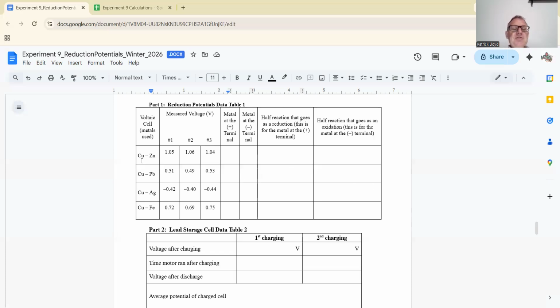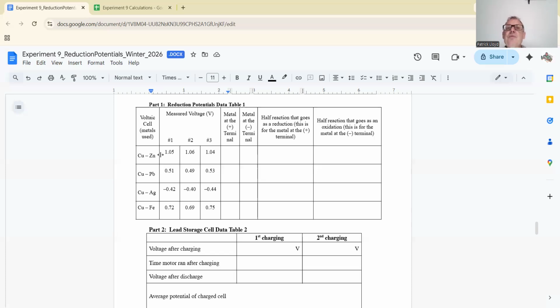Okay. So let's take a look at the first one, copper and zinc. When we made these measurements, we put the red lead on the copper. If you get a positive voltage, that means the metal underneath the red lead is positive.